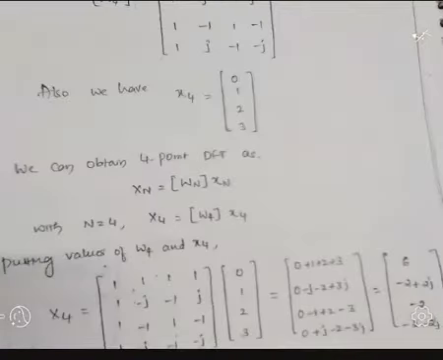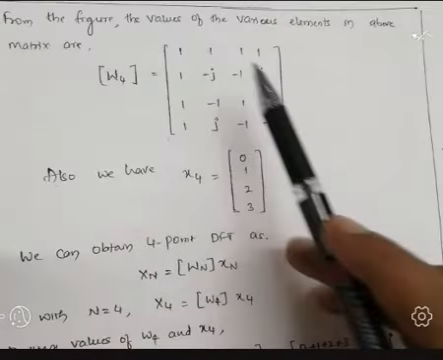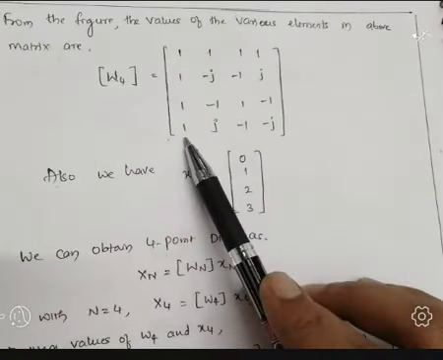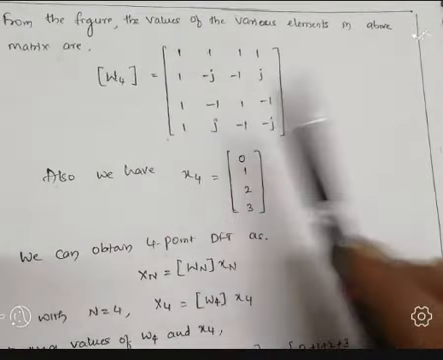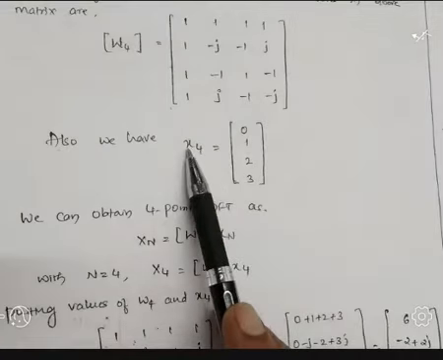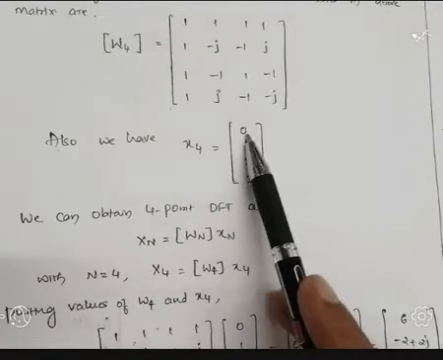So let us calculate. By using the calculator, as I told, the first row entries become 1 and the first column entries become 1, and the remaining things I calculated here. So x of 4, representing the discrete time sequence in matrix format, small x suffix 4 is equal to 0, 1, 2, 3.